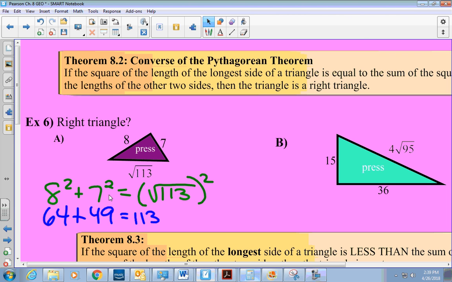Joe, 64 plus 49 is 113. 113 equal to 113. So put a check mark next to it.